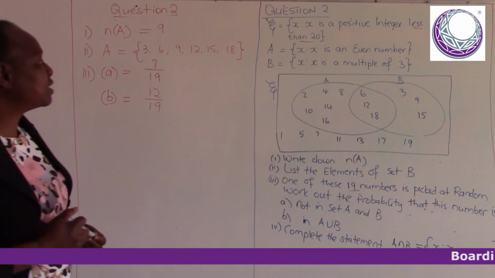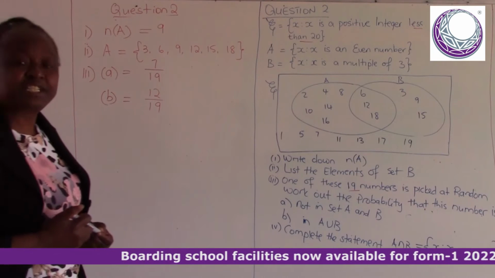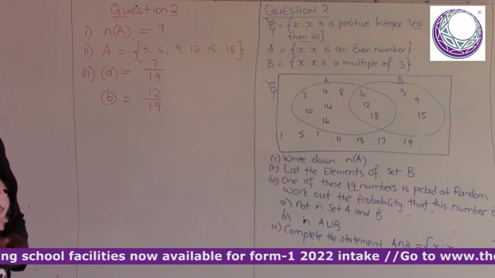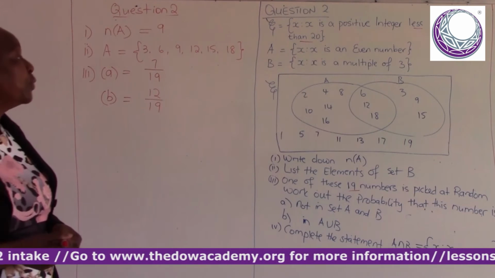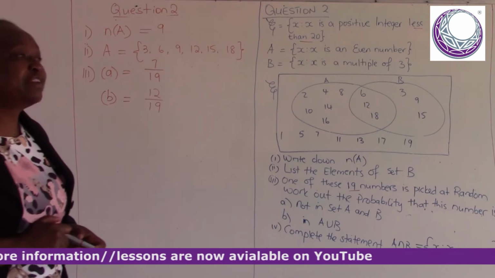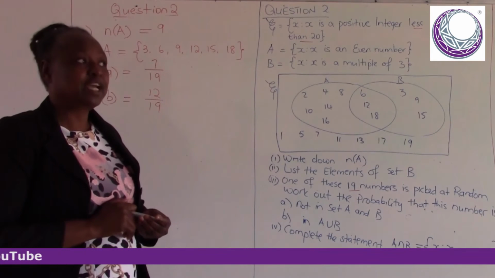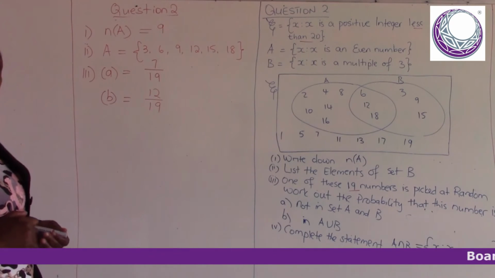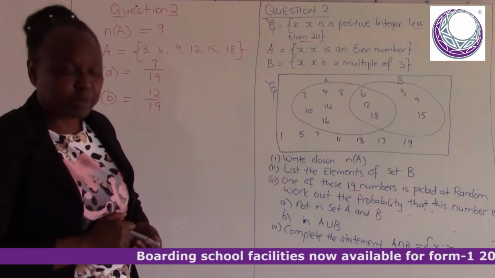Remember, if it's set builder notation, part of it is in symbols and part of it is descriptions. So we are not listing those elements. We can see them. All we need to do is to identify them. Remember, we are trying to look at the types of numbers, and we should try as much as we can to be able to identify them in given situations.